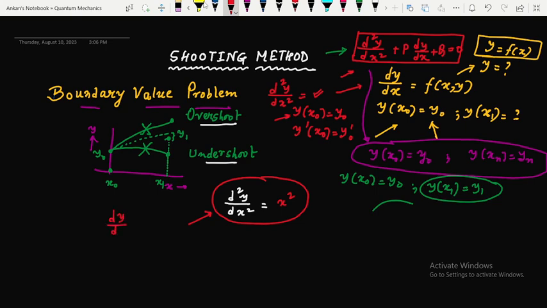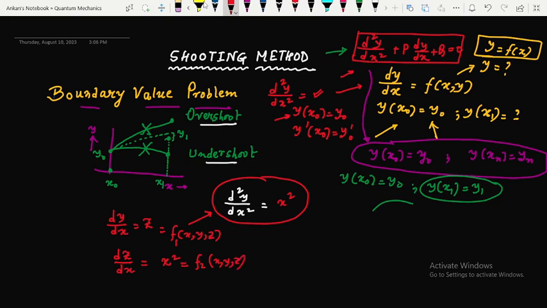Let us suppose that dy/dx is equal to z, which is also a function of x, y, z, say f1. Now our problem is d2y/dx2, so dz/dx is nothing but x square, which we can also say is f2 as a function of x, y, z.